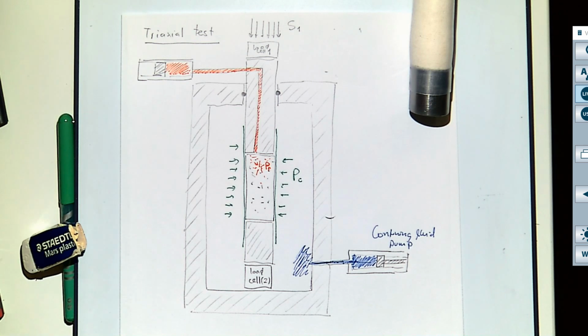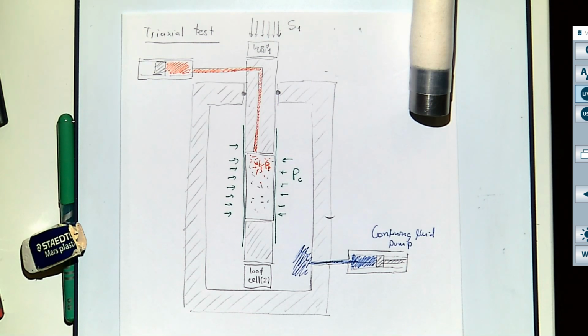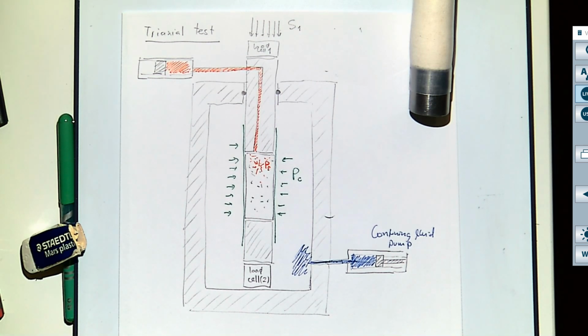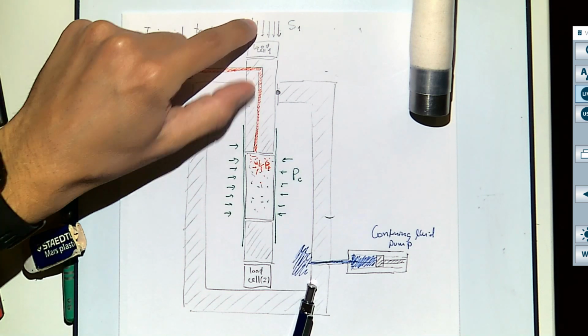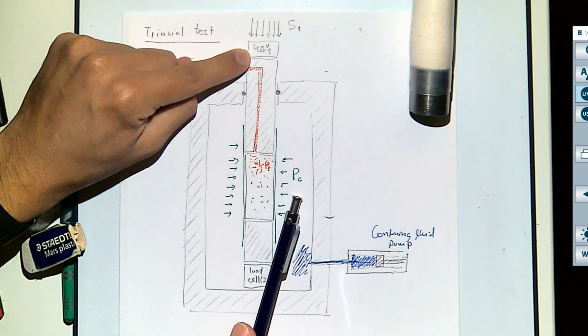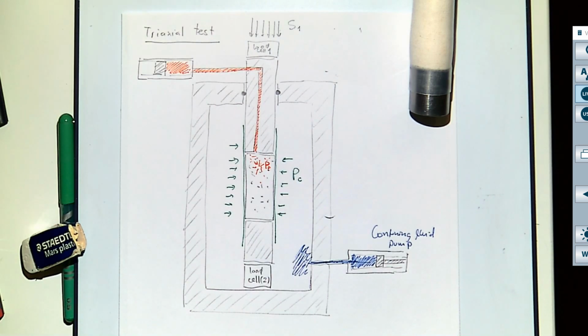Okay, this is how you do it in the laboratory. And in order to interpret this test, you need to know now how to understand and how to interpret all these variables in the context of effective stress. So always this stress in this direction is going to be higher than the confining pressure.